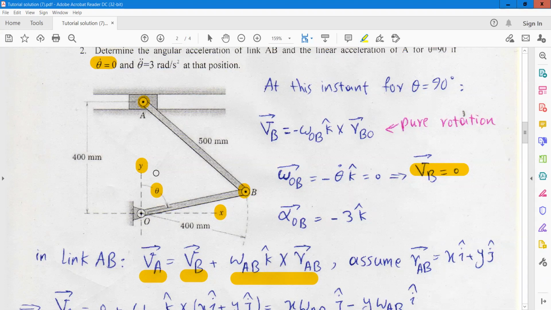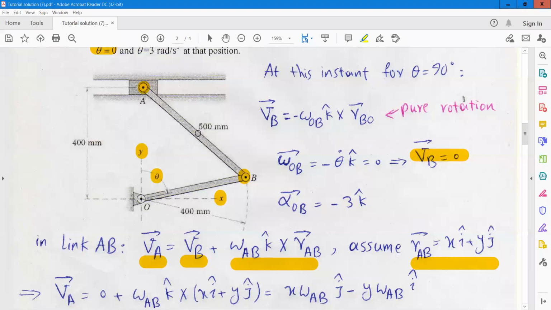So RAB at this moment is XI plus YJ, where X and Y are two unknown values. I mean, when link OB is in horizontal condition, we can find the position of point B with respect to point A. But we don't need to calculate this.